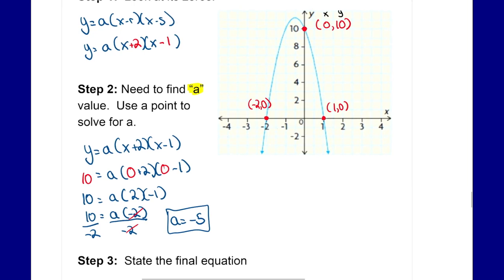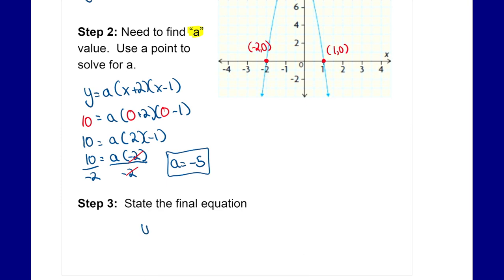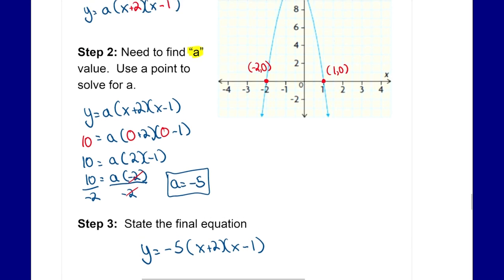So now with the value that we found, we can state our final equation, which is y is equal to -5 times x plus 2 times x minus 1, right? And that is our final equation.